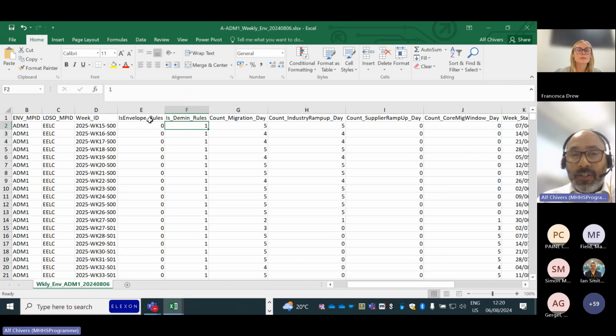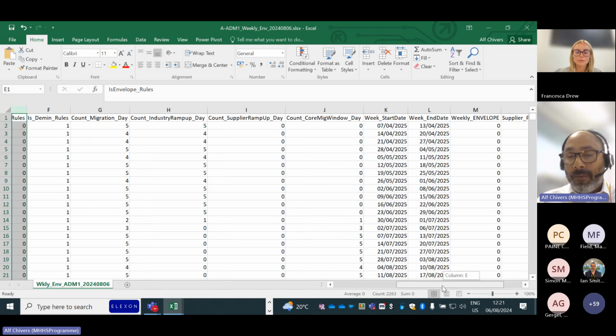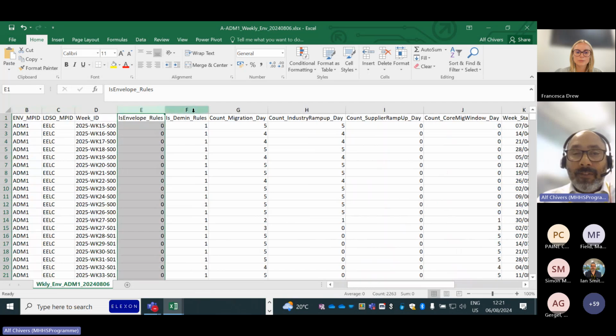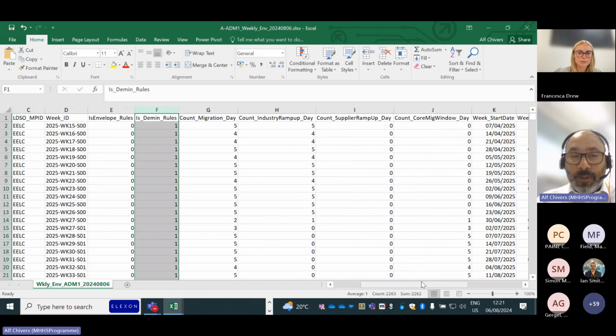And these two are here again booleans, so it either follows the envelope rules, which means that we would have given you a value in column M that would be greater than 0, and that would indicate that that's the constraint that you're bounded by to complete this template. However, if this is a 1 in here, this means that you're following the de minimis submission rules, which we'll be talking about today. So for the de minimis submission rules, we can see there's a 1 in all here because we're talking about that today.